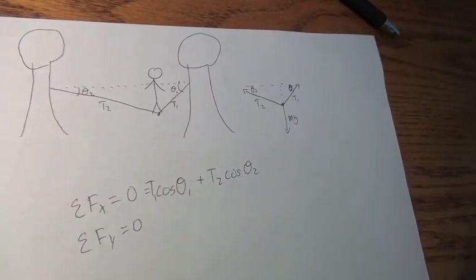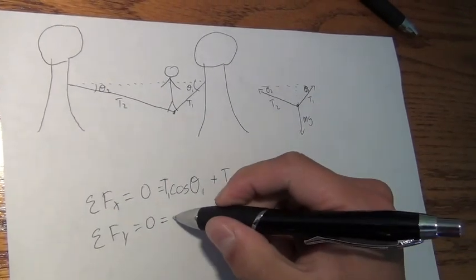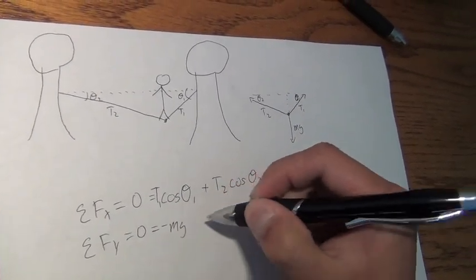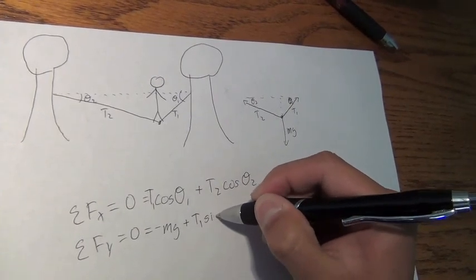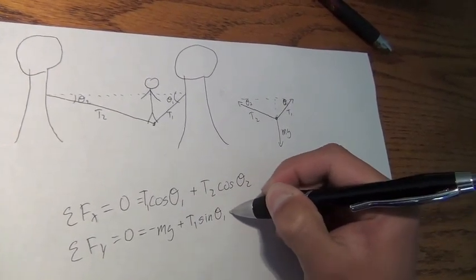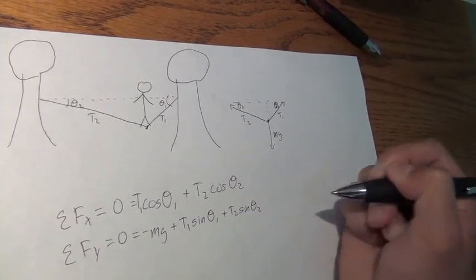So that's how you do one. And then the sum of the forces in the y direction would be negative mg, because it's going down, plus t1 sine theta 1 plus t2 sine theta 2.